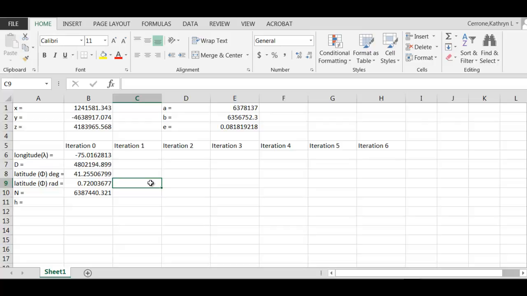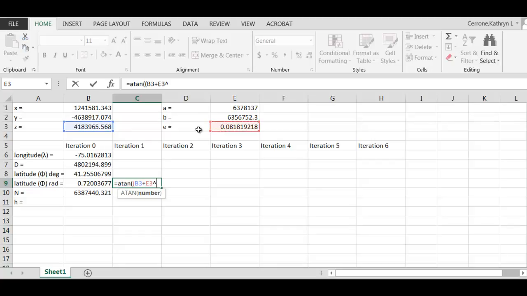So in this case, for our first iteration, we want atan of parentheses, we grab z, we are going to add to it our e squared times our previous radius of the prime vertical times the sine of our previous latitude.